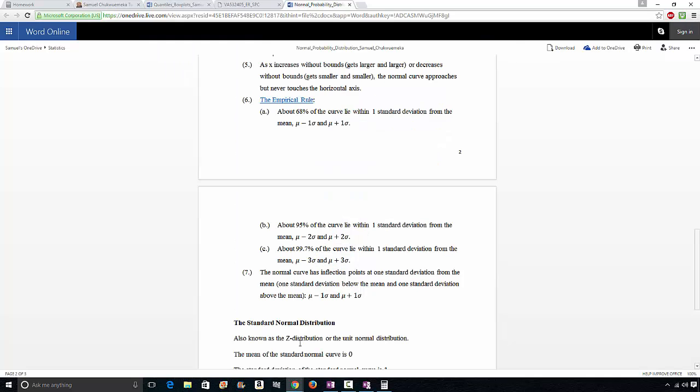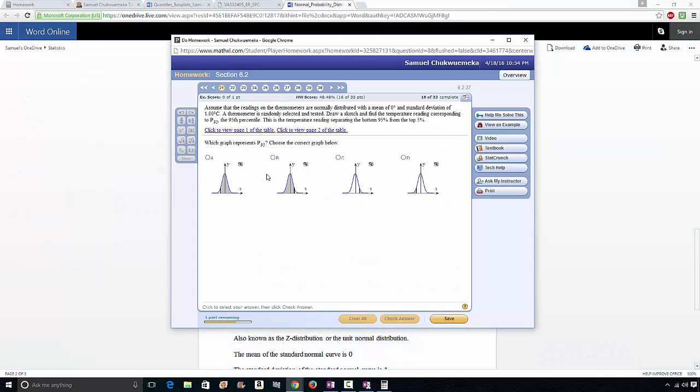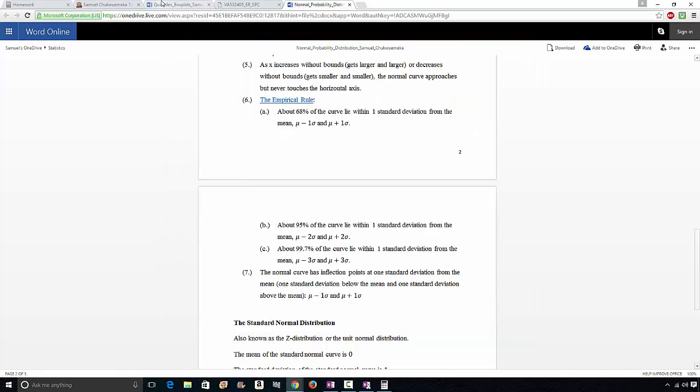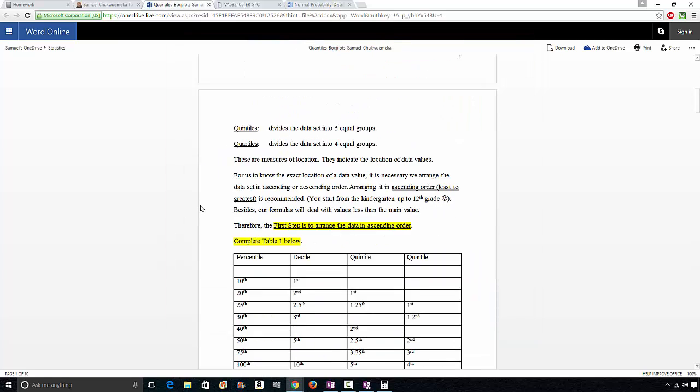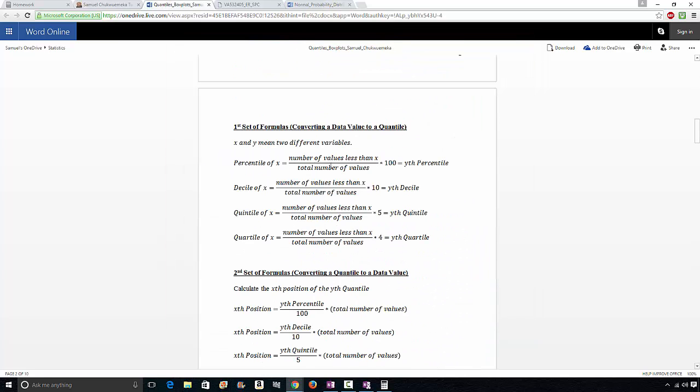If we talk about the 95th percentile, we are looking at the bottom 95 from the top 5. Percentile means, if you look at the formula, all the values less than x over the total number of values times 100.